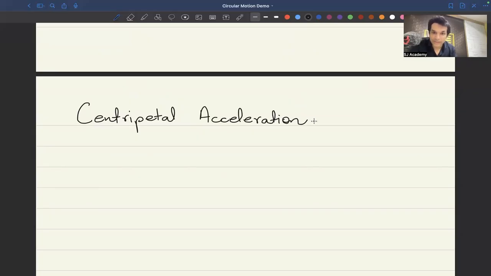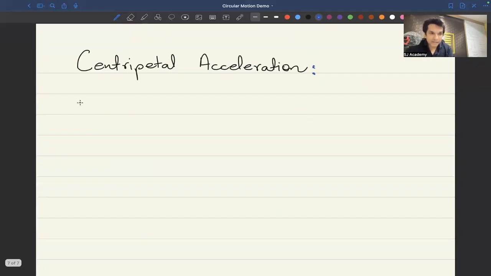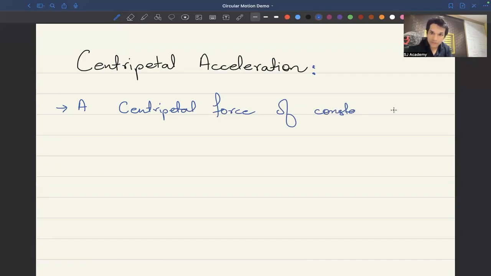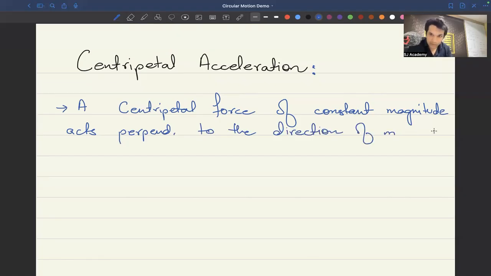So this centripetal acceleration is basically caused by centripetal force, and we write it as a centripetal force of constant magnitude, perpendicular to the direction of motion, and causes centripetal acceleration.